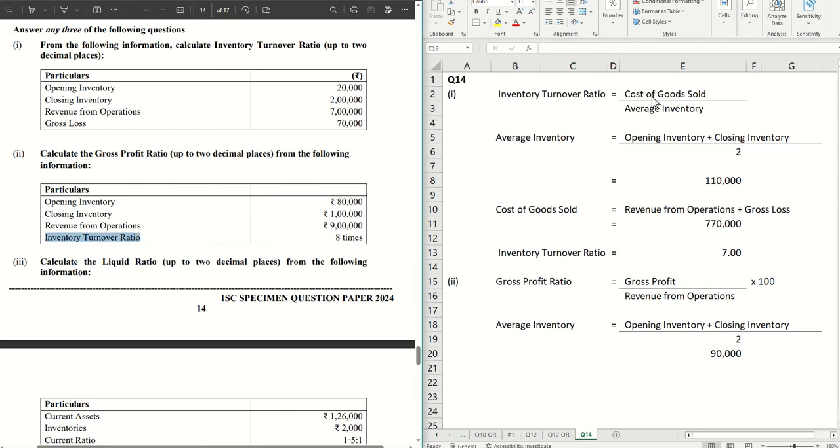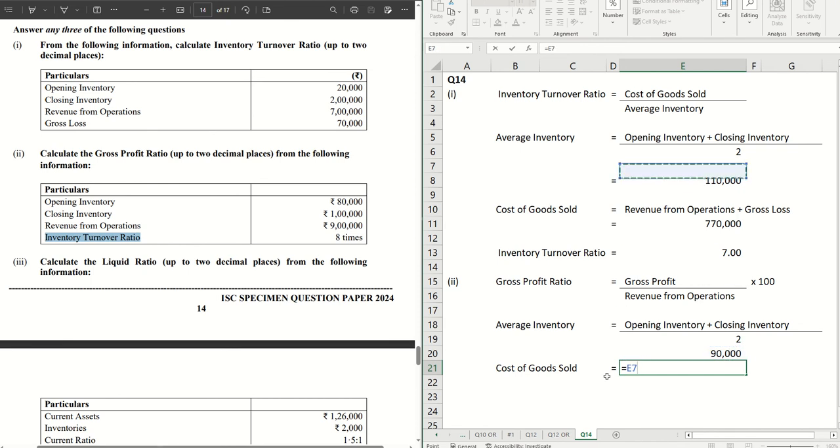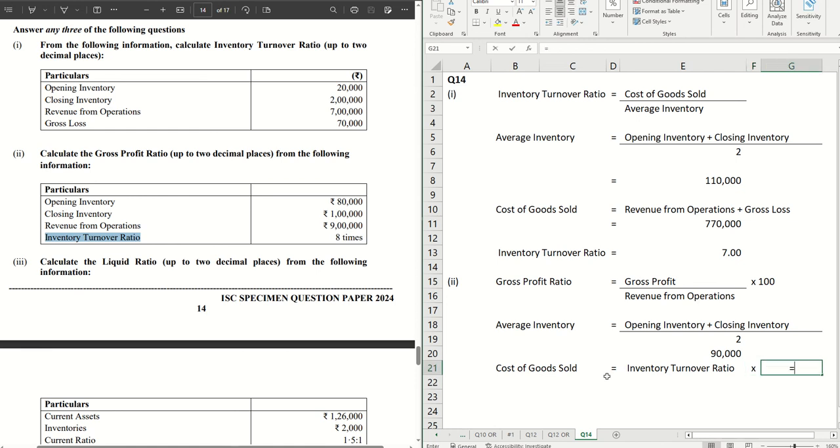Then after doing this, we now need to calculate the cost of goods sold from this formula. So cost of goods sold will be equal to inventory turnover ratio into average inventory. So let's write that formula down here. Cost of goods sold equals inventory turnover ratio multiplied by average inventory.